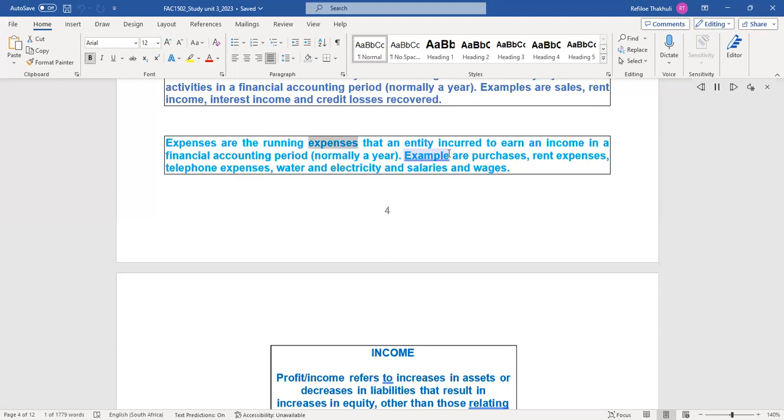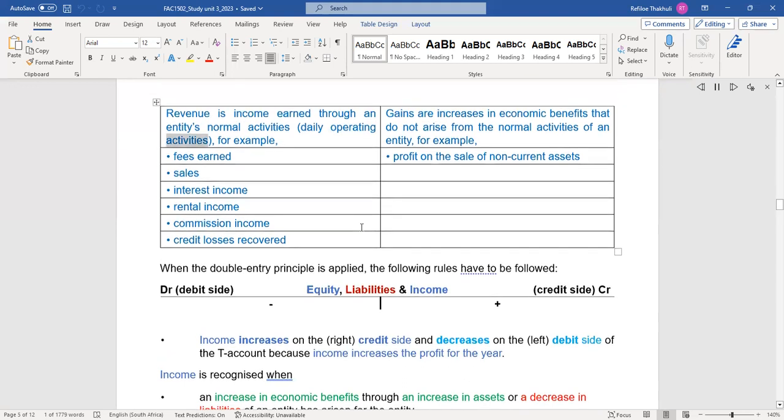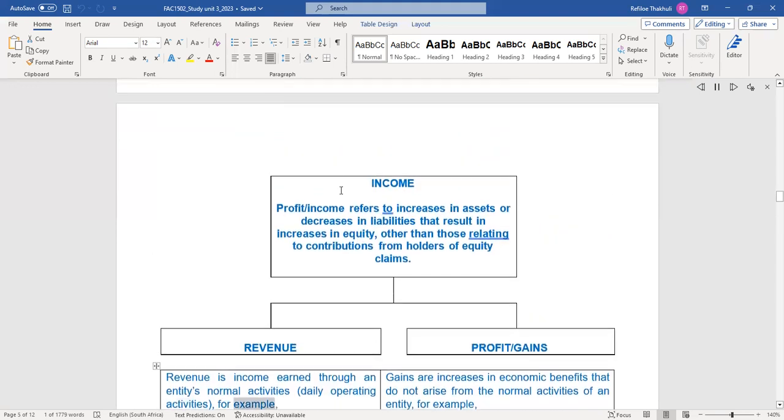Expenses are the running expenses that an entity incurred to earn an income in a financial accounting period, normally a year. Examples are purchases, rent expenses, telephone expenses, water and electricity, and salaries and wages. Revenue is income earned through an entity's normal activities, daily operating activities, for example.